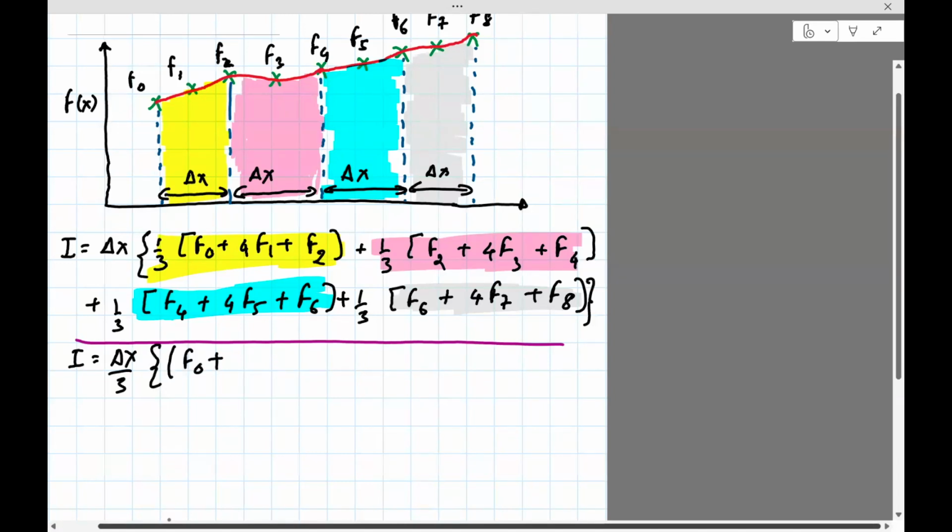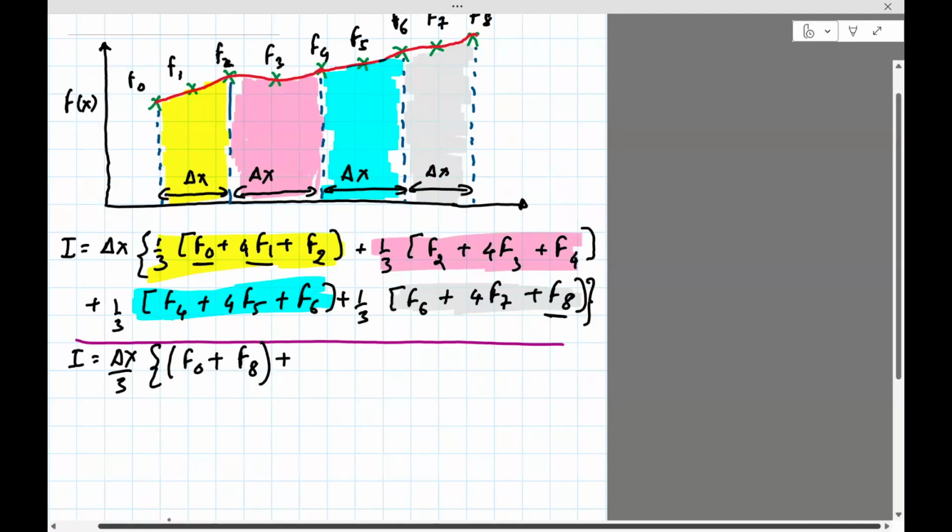f0, 4 times... you know what, it's easier if I do it this way. So 0, 1, this will get multiplied, so summed with this 4. So looks like f0 and f8 don't really have anything to add up with. So let's just write those two together. Next, look at all the terms which will have 4.